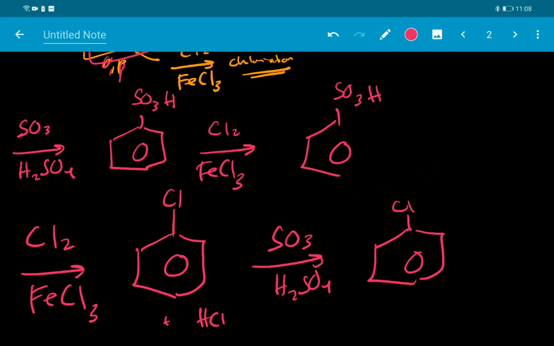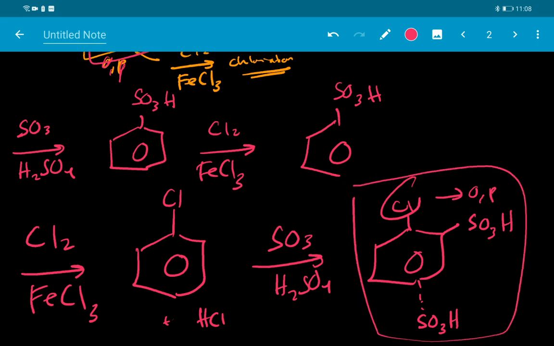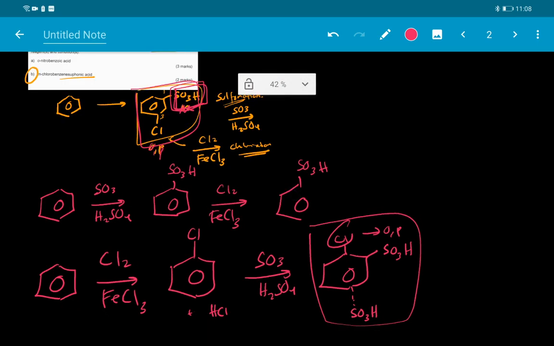Why? Because chlorine is the ortho-para director. It will not allow SO3H to be at meta. It will direct SO3H to be at ortho or para. So the structure that we're going to get is not the same as what is required by the question.